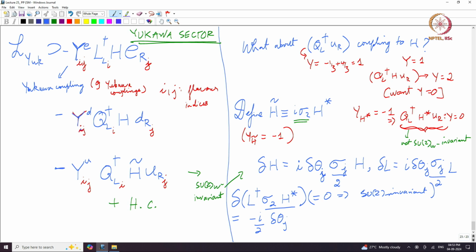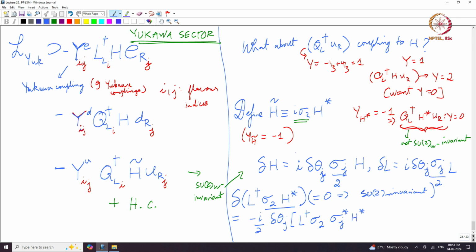Okay. Then first, I have to apply the chain rule, right? So then I'm not going to touch the L dagger, so that goes along for a ride. But I have a sigma 2, and since it's the H star, what happens? I get sigma j star, correct? H star, right?